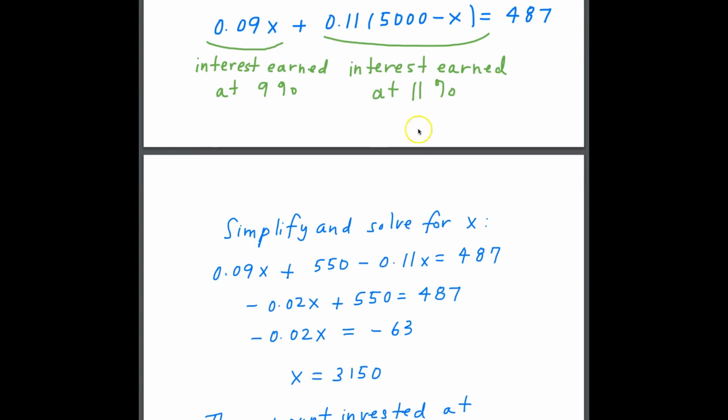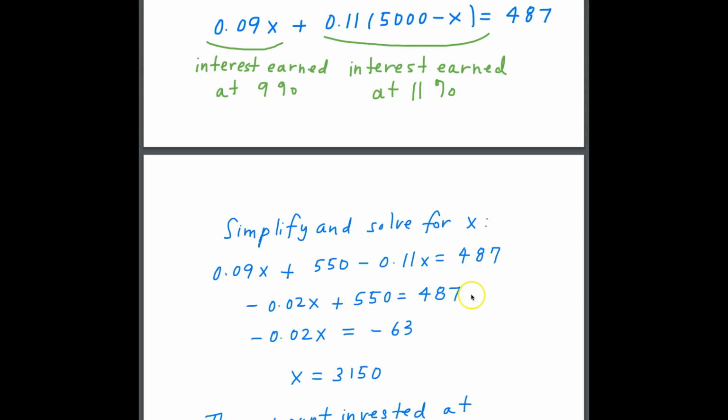What we're going to do is simplify the above and solve. So this stays the same. I have to take 0.11 and multiply it by 5,000 and then multiply it by x, and subtract the two. So this would be the next line that we see.